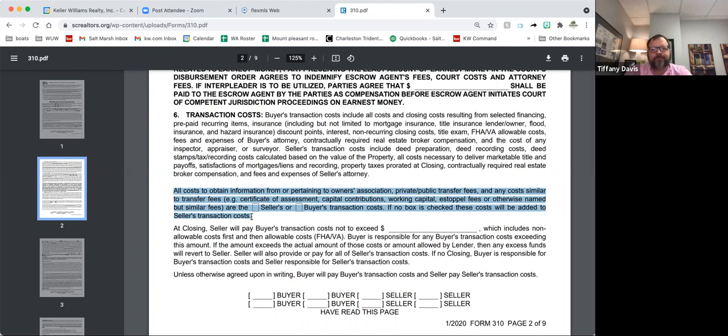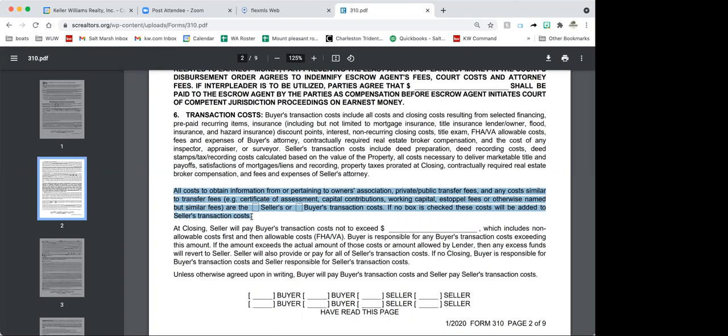Joseph, yes. Jackie, I just want to point something out to everybody because I represented a buyer who bought in Wild Dunes. And if you're not familiar with it, Wild Dunes has the 1% of sales price. And we left it blank. So it says if no box is checked, these costs will be added to the seller's transaction.